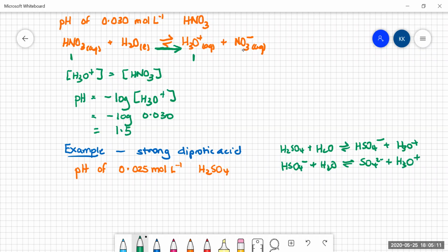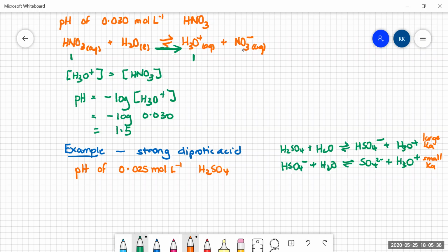Now, in reality, the Ka value for the first step is a large Ka. So that actually goes to completion. But the second step is a small Ka value. But for the purposes of using this method of calculating pH, we're going to have to assume that both of those have very large Ka values.